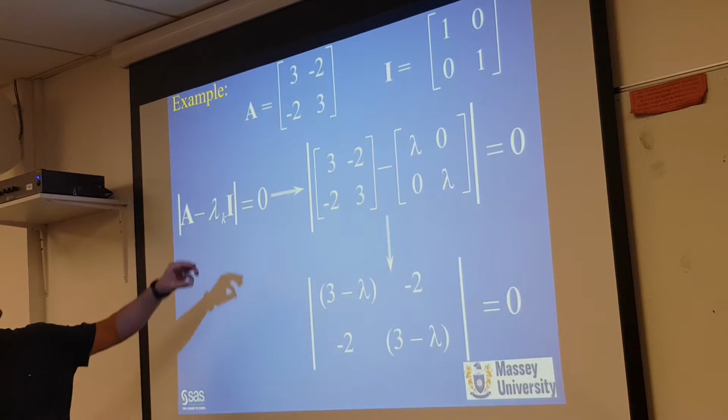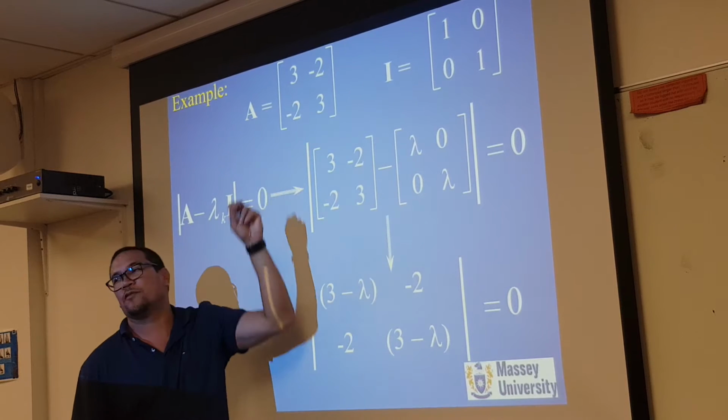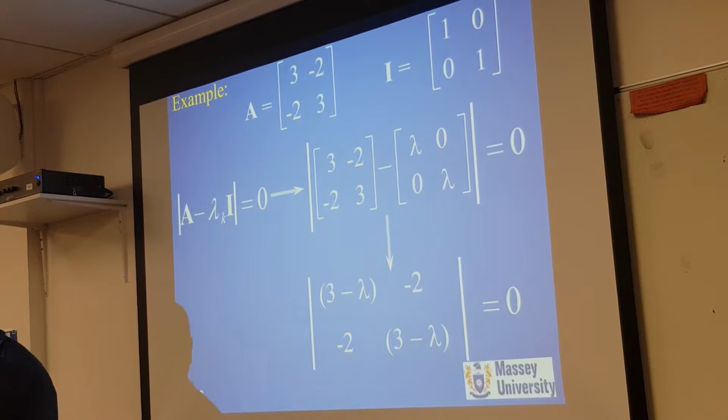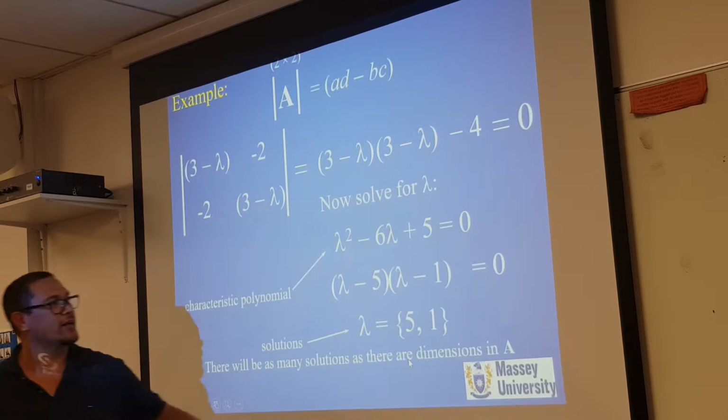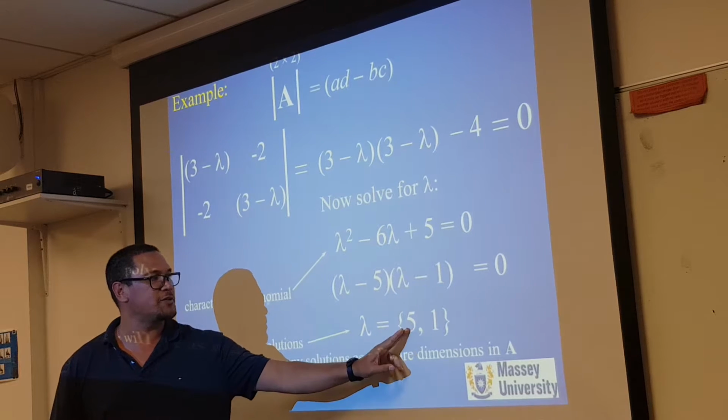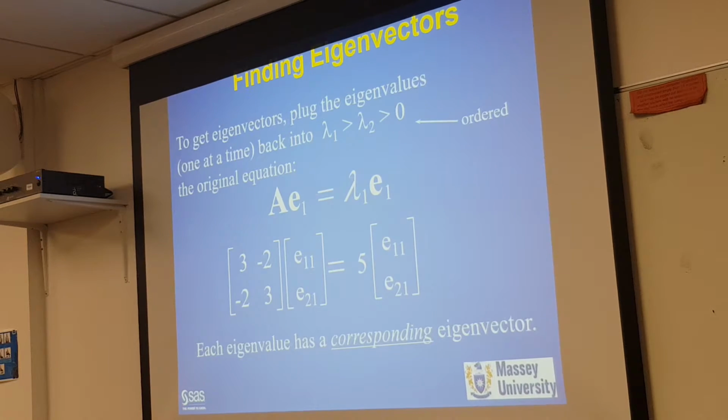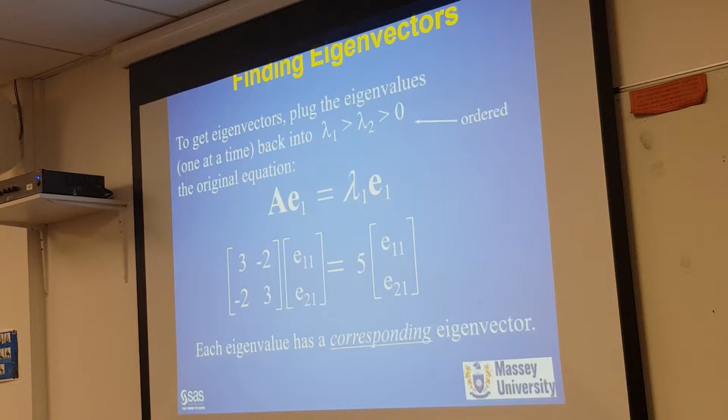Right, so we have a matrix 3, 3, negative 2, negative 2. So, a covariance matrix very clearly. I do the eigenvalue deconstruction. I end up with, this is one we've done already, eigenvalues of 5 and 1. Then I try to find the corresponding eigenvectors.